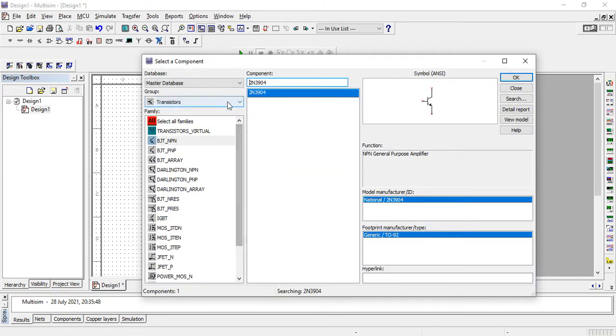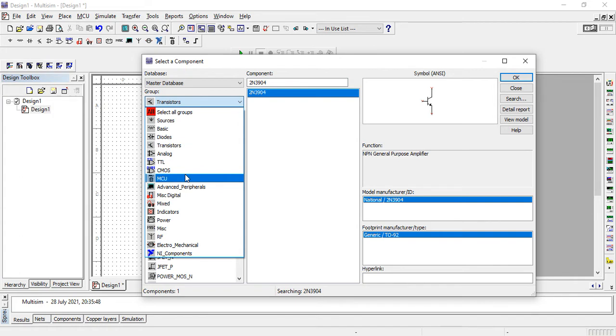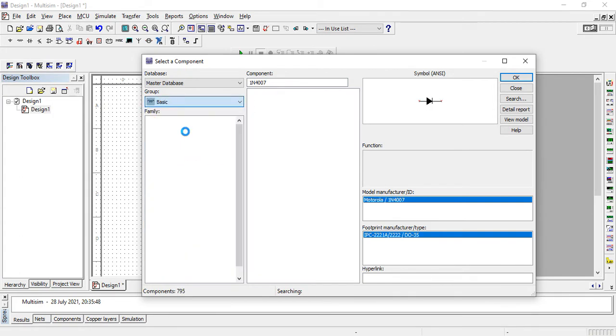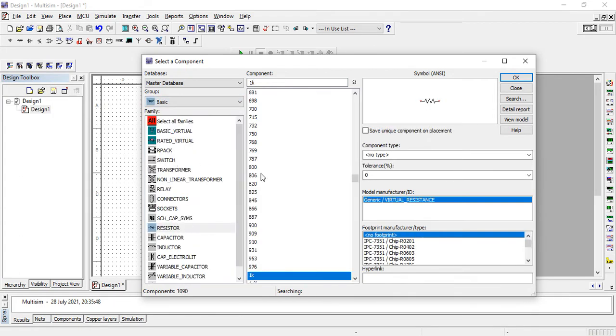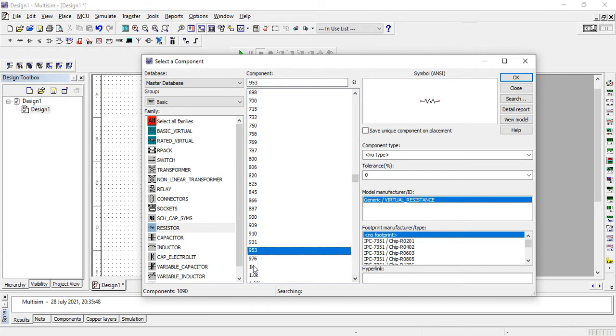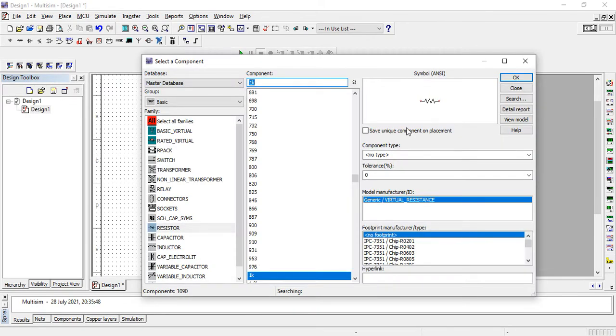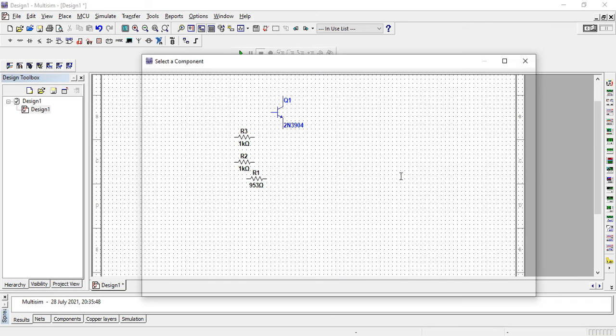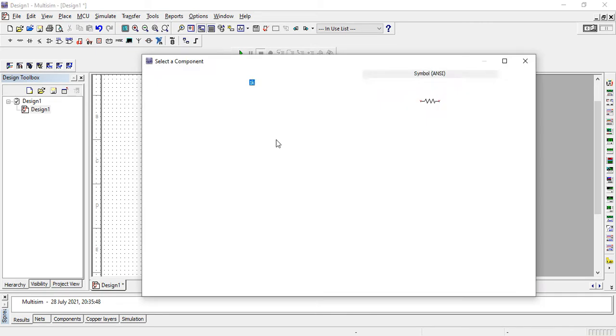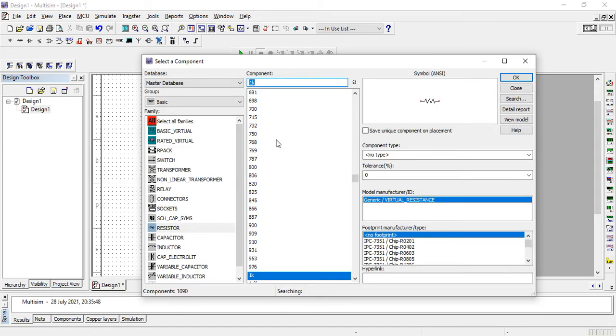four sets of resistors. I will alter the values accordingly, whatever is in your lab, and the values of resistors which were present inside your actual hardware lab, those would be used here.